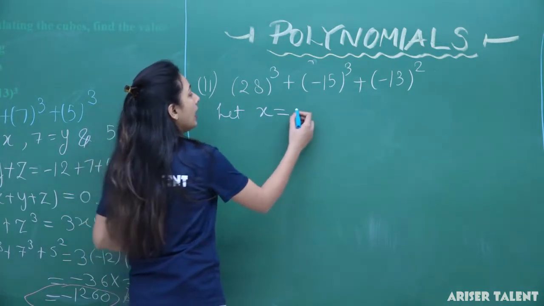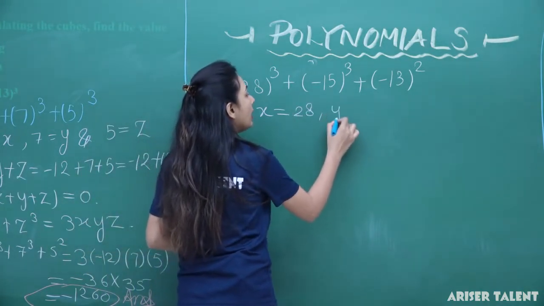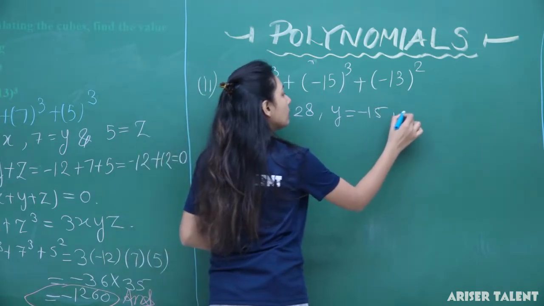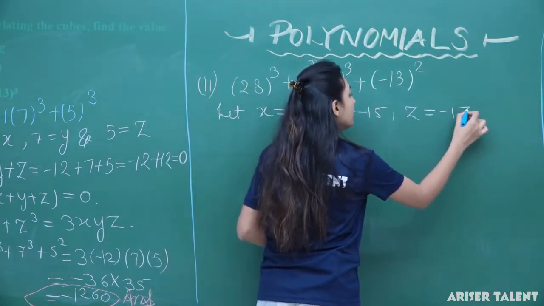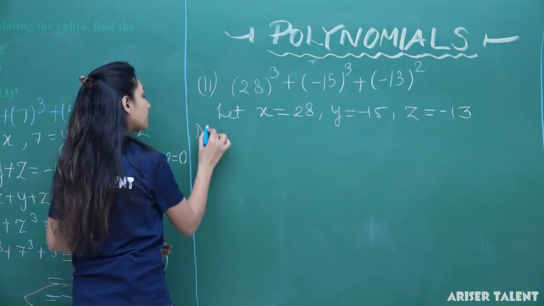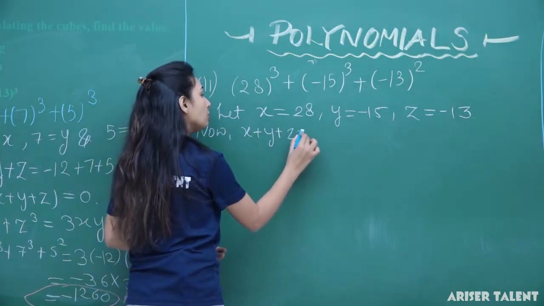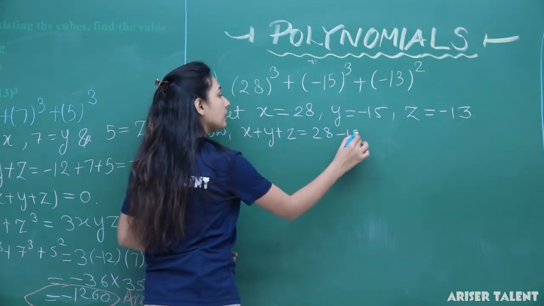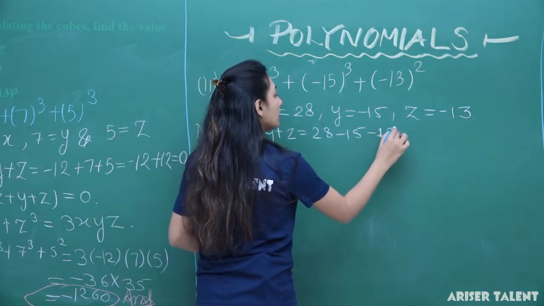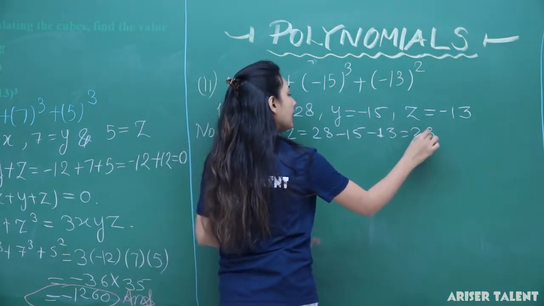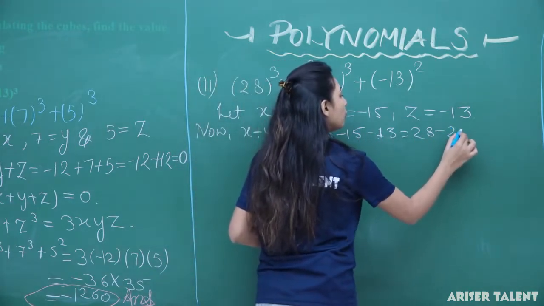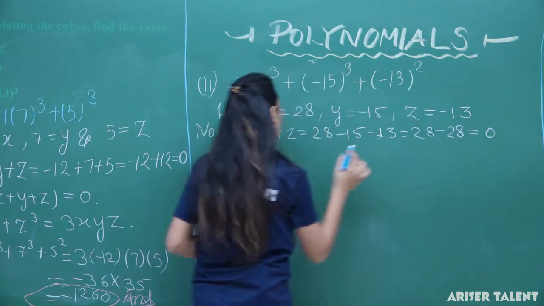So, that is x equals 28, y equals minus 15 and z equals minus 13. Now, x plus y plus z is equal to 28 minus 15 minus 13, equals 28, and this is again 28 of minus, that will be 0. What this implies?